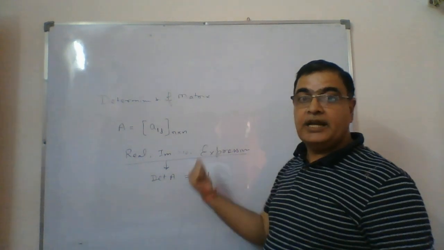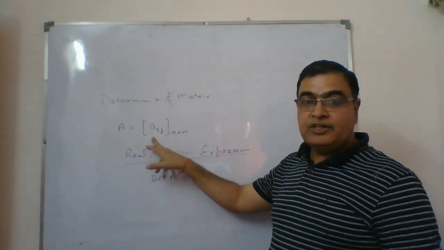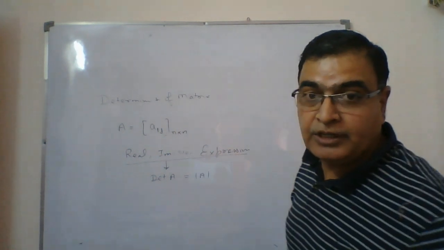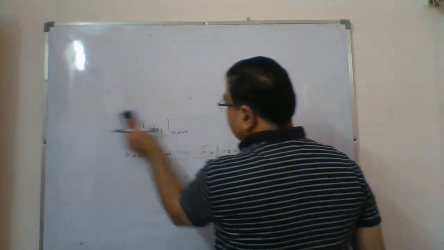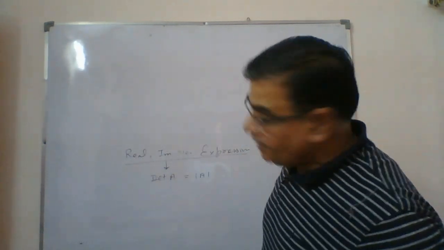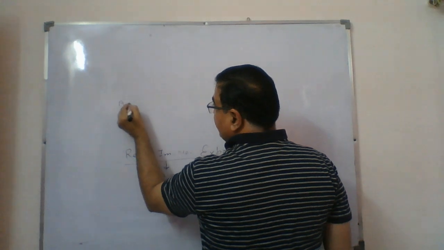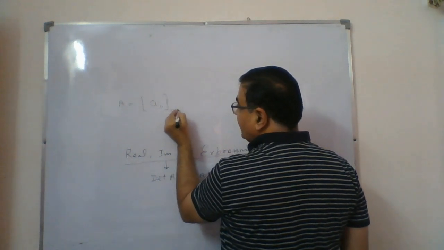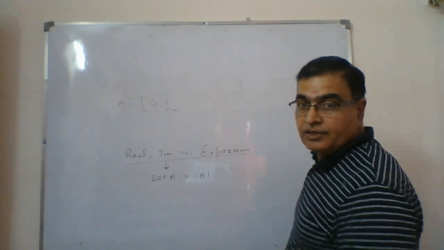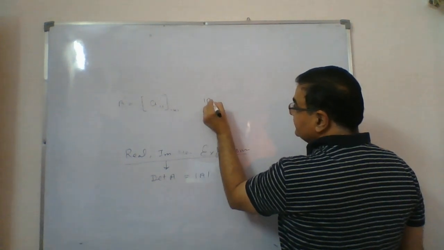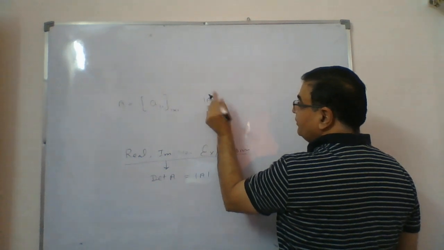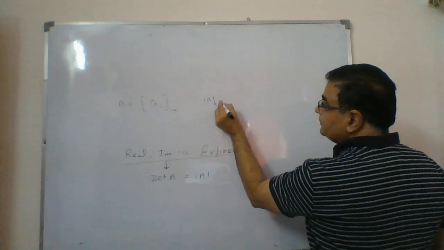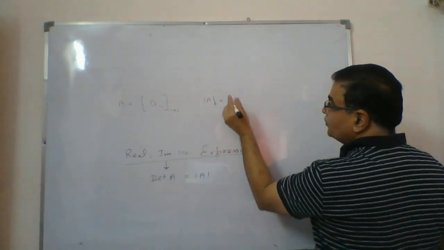But how we calculate that number by which this square matrix is associated, we should know that. So how we calculate, just check. If we have a matrix A with order 1 by 1, that means it has only one element, then this matrix A will have a determinant value, denoted by determinant A. This symbol is also going to change.